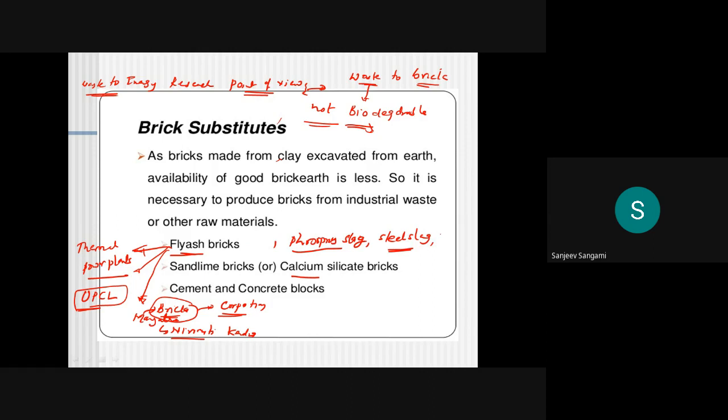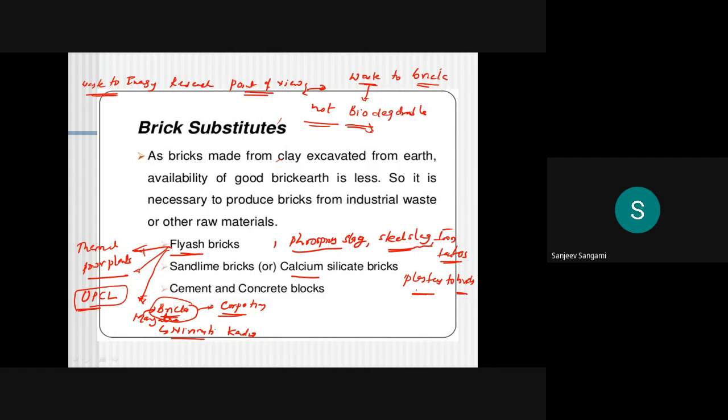Then iron tailings. Many people are also trying plastics to bricks.